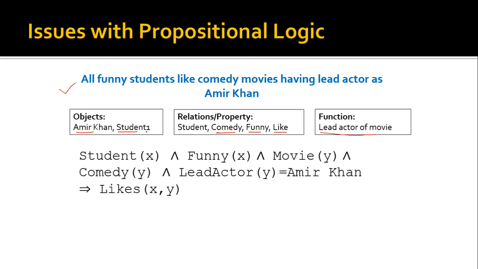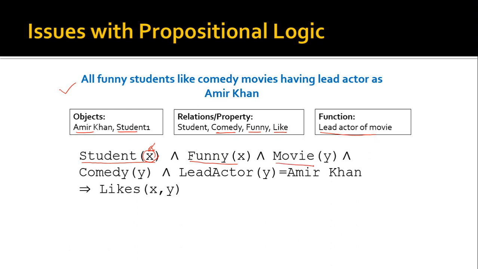So what we can do is say that I have a statement. The statement has one parameter, which is x, right? Now for x, if I say student x, I am asserting that x is a student, and by funny x, I am asserting that x is funny.